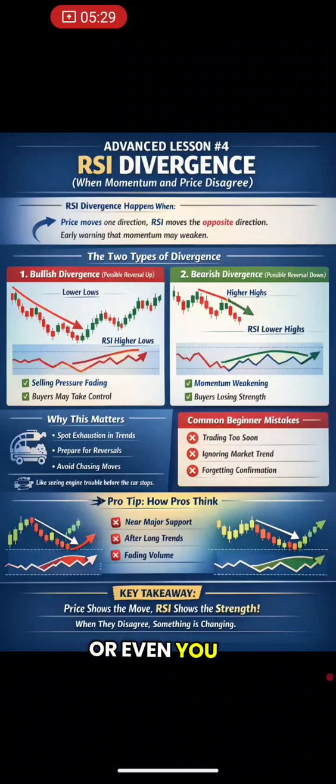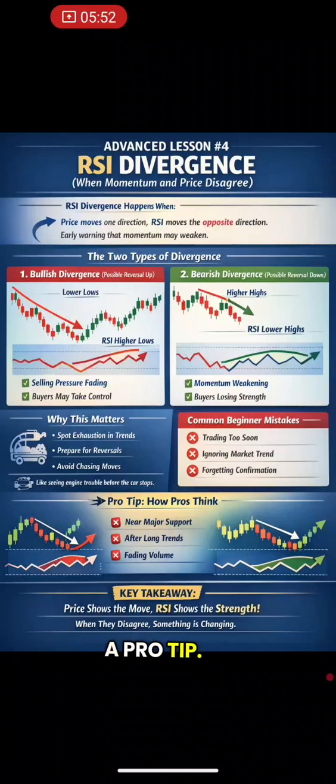Or even you see volume fading as it's pushed up to the top. Now volume has faded off. It isn't as much volume, so now it's probably about to come back down. You still want to see confirmation from support and resistance, volume, and trend structure, right?